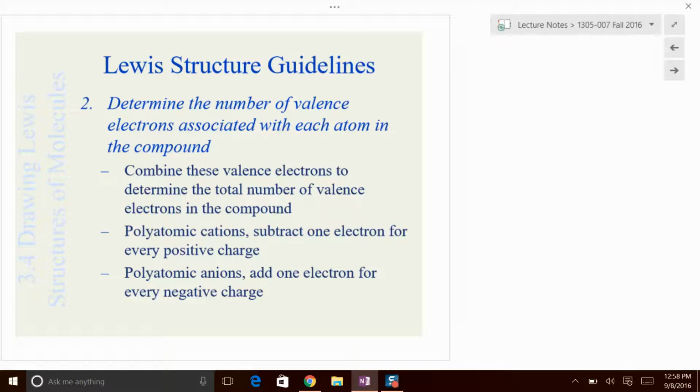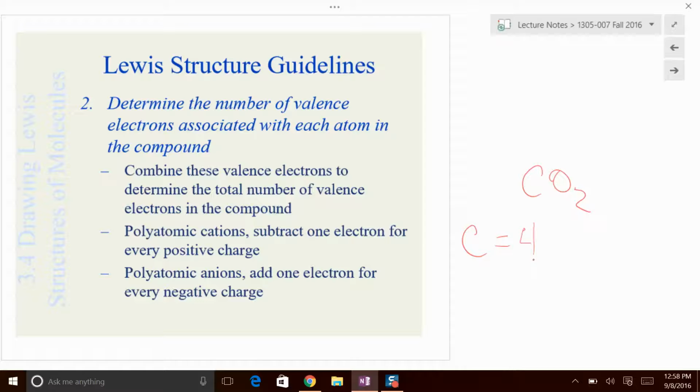So if I have carbon dioxide, how many valence electrons does carbon have? 4. How do you know? The periodic table tells me, right? I look at the periodic table, I see carbon, it's in group 4A, or I count over 1, 2, 3, 4.